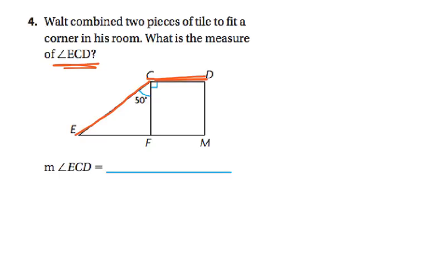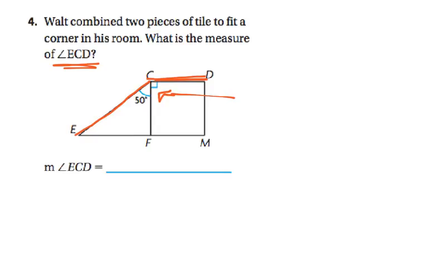So we're trying to figure out the measure of angle ECD. Well, now they told us that one part of that is 50 degrees. The other one, they didn't tell us what it was, but they put a special symbol in it. We have that little box, the little square. Does anybody remember what that tells us? That's a right angle.